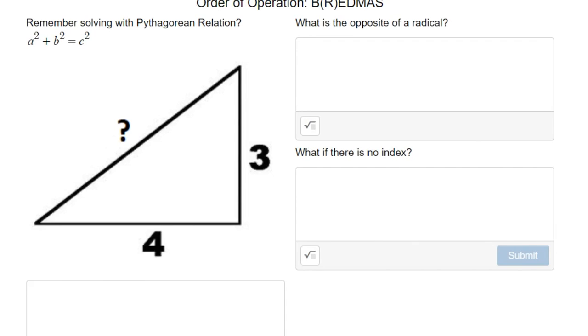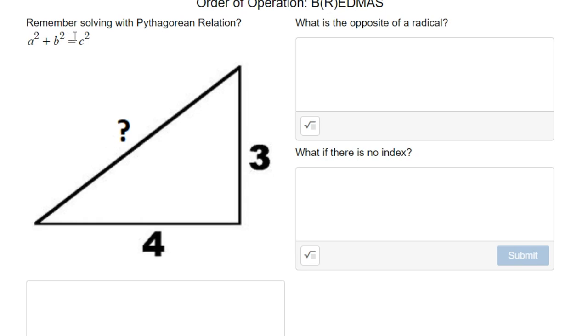Okay, now that we have all of that vocabulary down pat, let's review some of Pythagorean relation and order of operation to see where this fits in. Now, often in our school system, we learn about BEDMAS, but we could consider it BREDMAS, where R represents the radical.